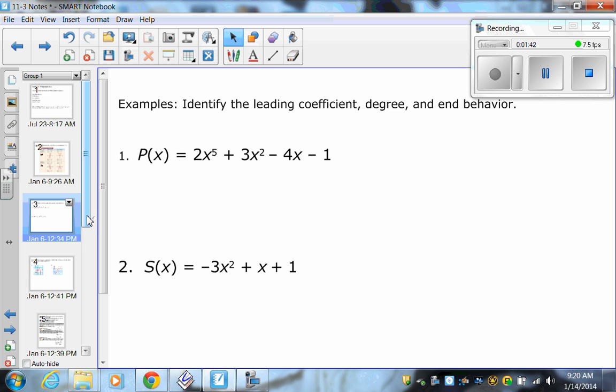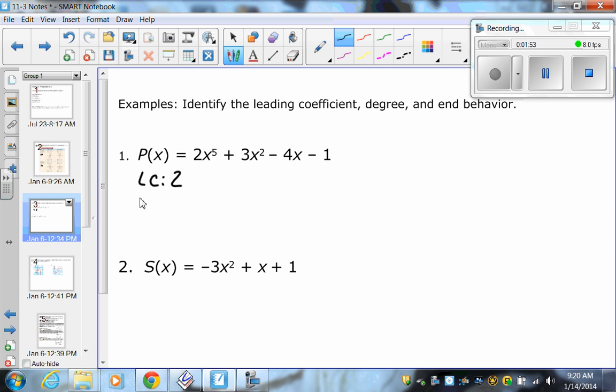So in our first set of examples, it says identify the leading coefficient, degree, and then write the end behavior. So if I look at this, my leading coefficient would be 2. My degree on this one is 5. So ultimately what I'm doing here is I notice that I have a positive leading coefficient and an odd degree.